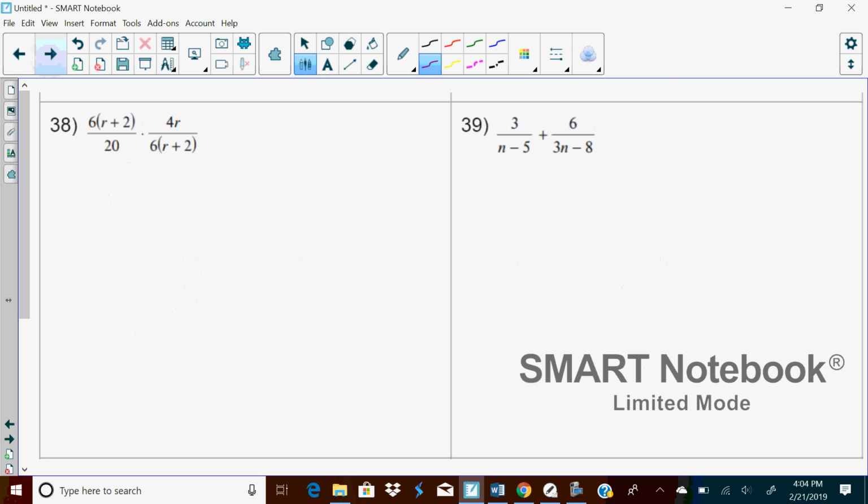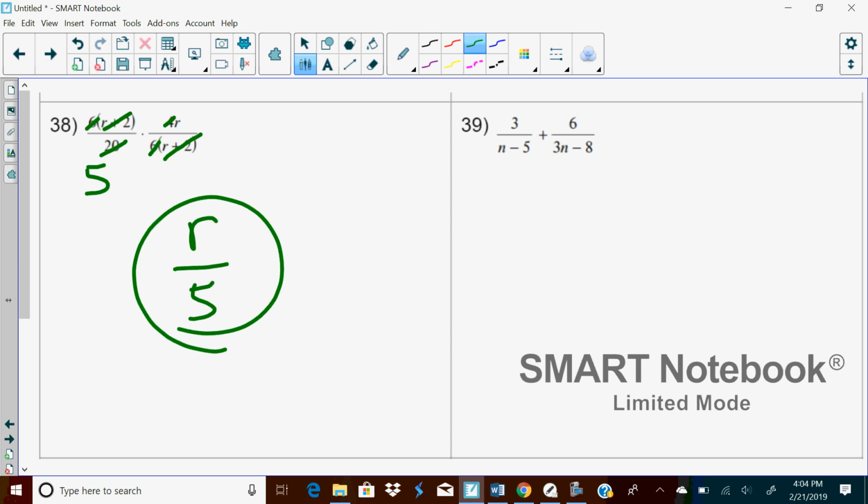Problem 38, I am multiplying. So the first thing that I can do is cross reduce. So the 6's both cancel, the r plus 2's cancel, and 4 goes into 2 5 times. So my answer is just r over 5. 39, I have to multiply by n minus 5 and 3n minus 8.